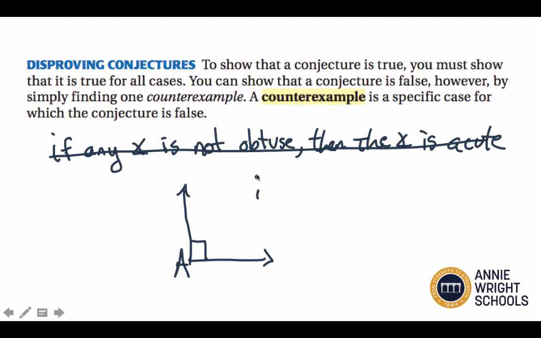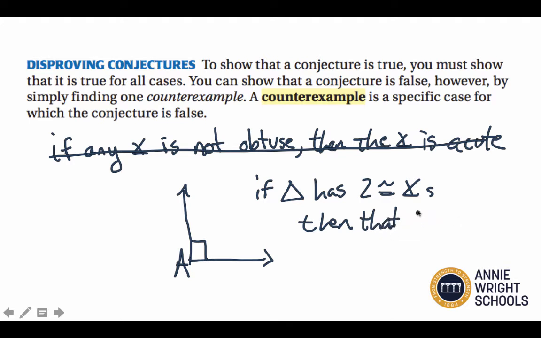Good. If a triangle has two congruent angles, then that triangle has two congruent sides. Now that is a true conjecture.